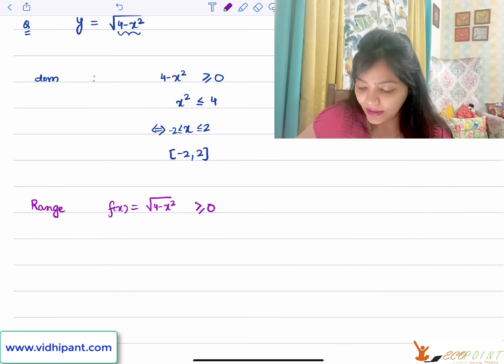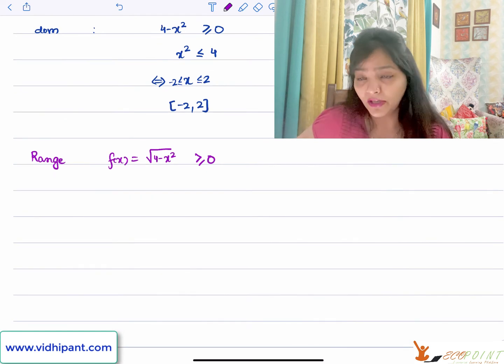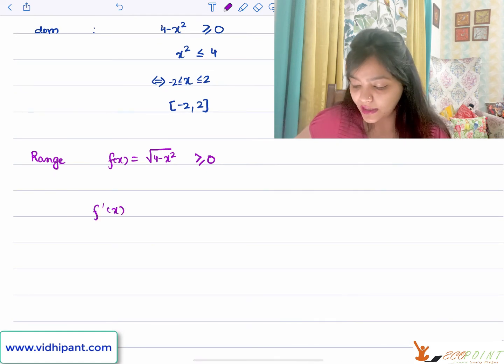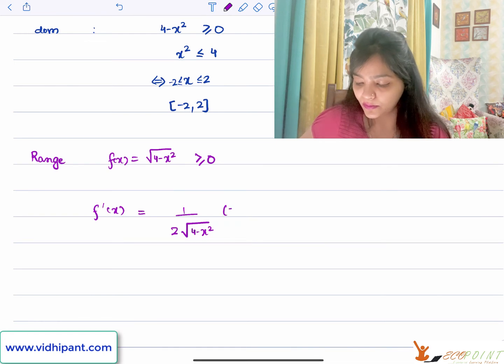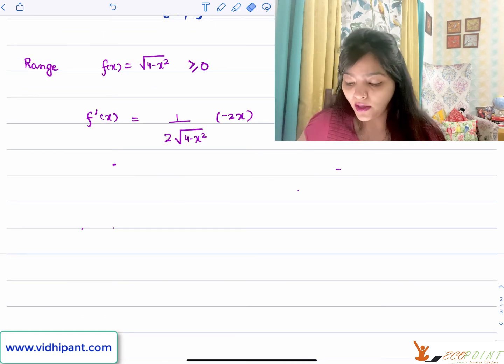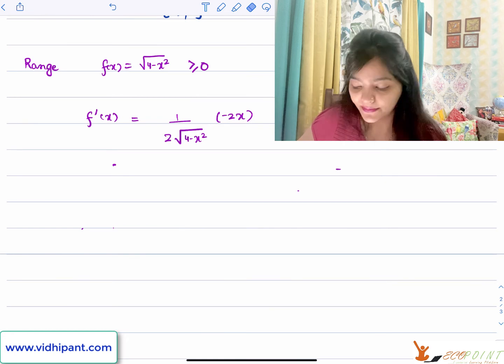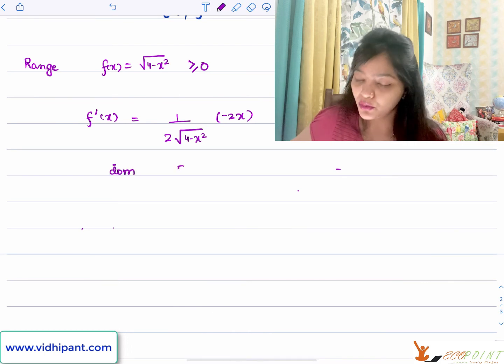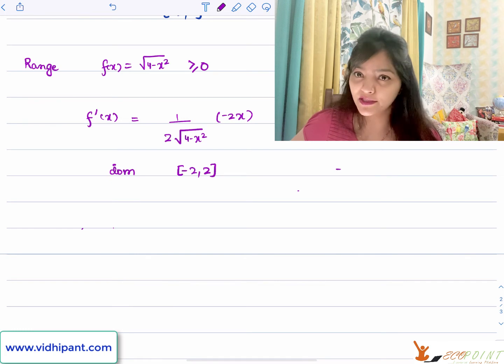Again, you can analyze the function further. Since it's a differentiable case, you can analyze the derivative. The derivative of f is 1 upon 2 root 4 minus x square, into, by the chain rule, minus 2 times x. Now the domain is closed minus 2 to 2, which means I have negative numbers also and positive numbers also.